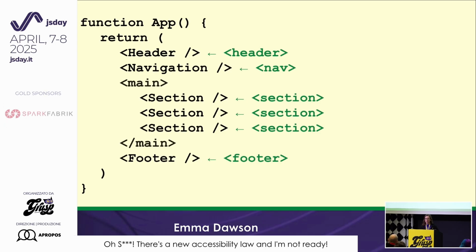So really great if you can add landmark elements and even other semantic HTML to your site, because it just makes it easier for screen reader users to find the elements quickly.